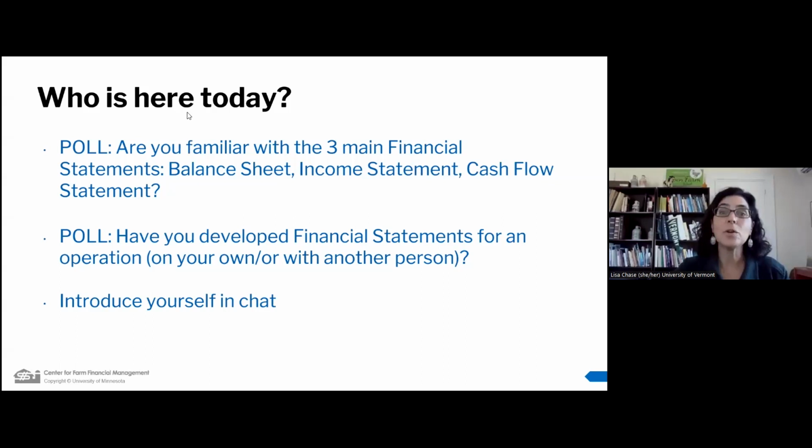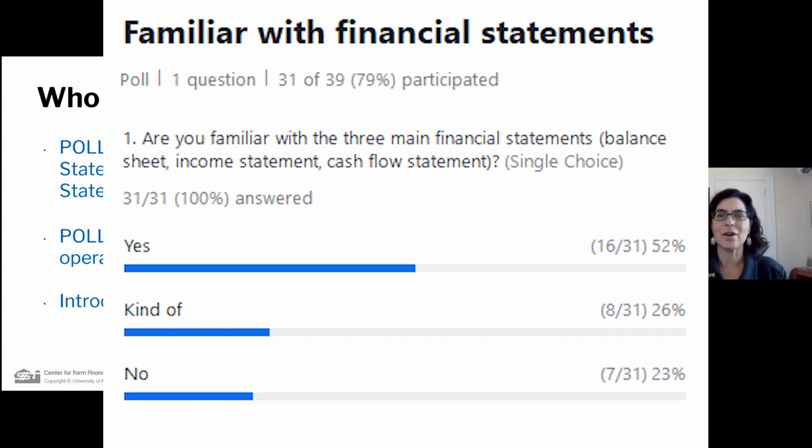So you should see a poll on your screen that asks if you're familiar with the 3 main financial statements: balance sheets, income statements, and cash flow statements. I can see the votes coming in, so we'll give people a little bit more time. I'm ending the poll and sharing the results. And you can see that over half are familiar with the 3 main financial statements.